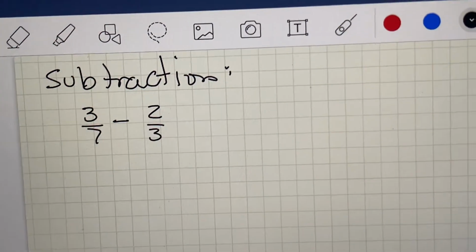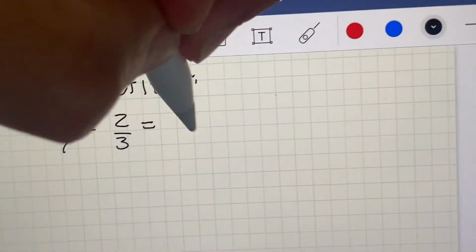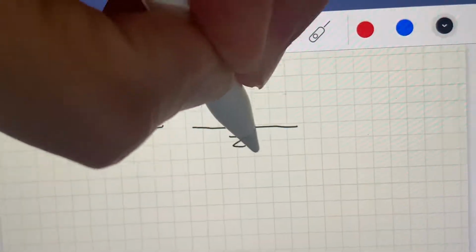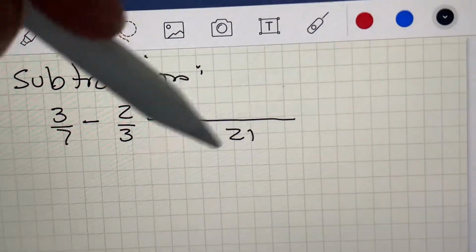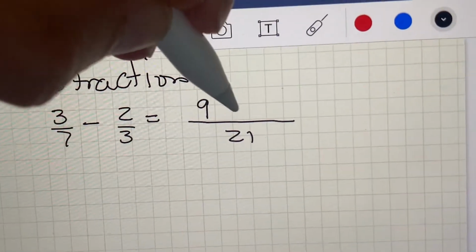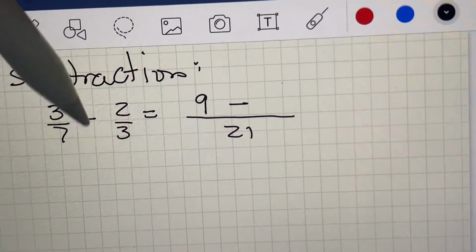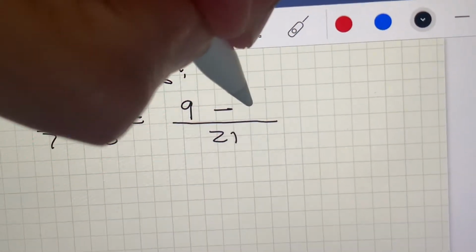Okay, so we look for the common denominator. That's 21. 21 divided by 7 is 3, times 3 is 9, minus 21 divided by 3 is 7, times 2 is 14.